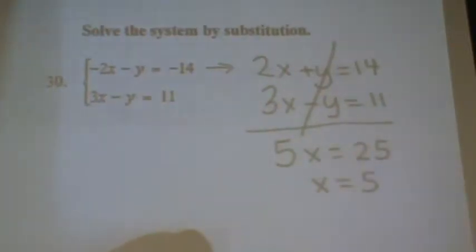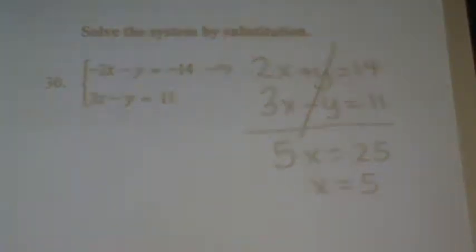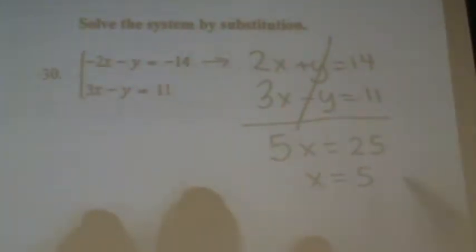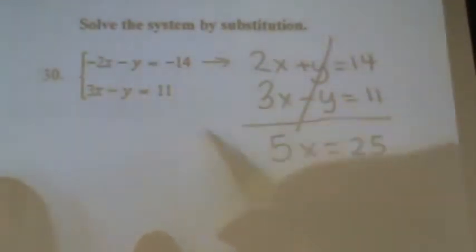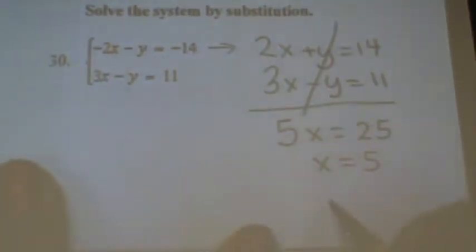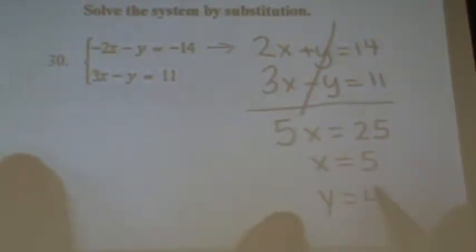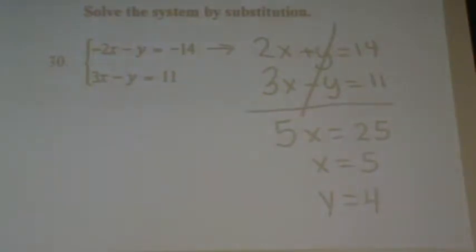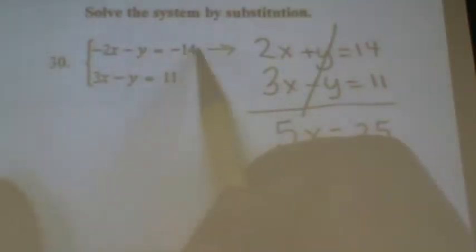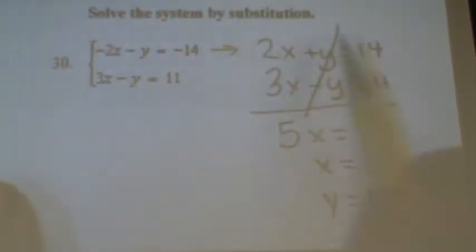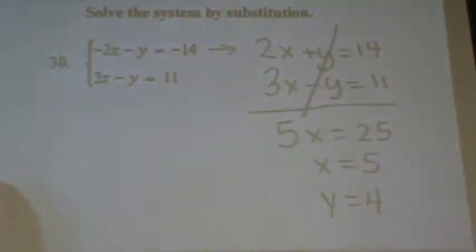Easy? How do you find the y value? Plug the 5 in. You're going to plug 5 into either one of these equations, and you're going to get y is 4. Doesn't matter which one, the one you changed or the original. You can do this one, this one, or that one.